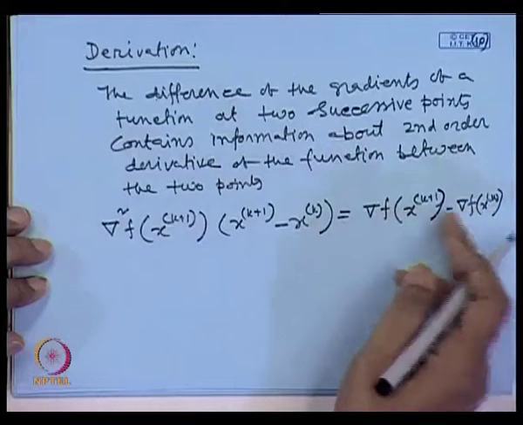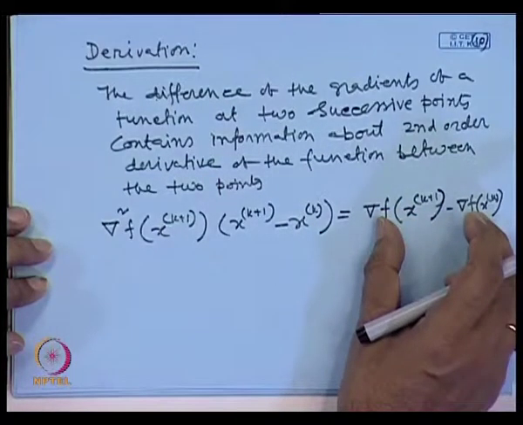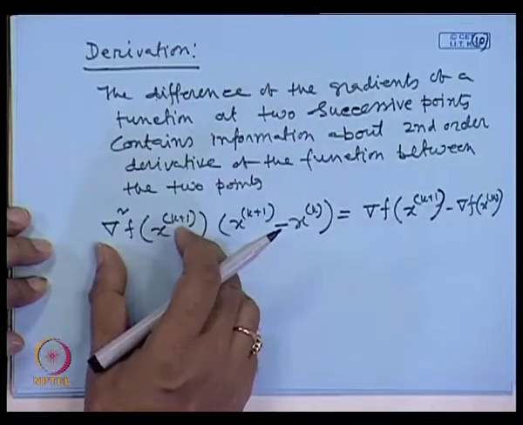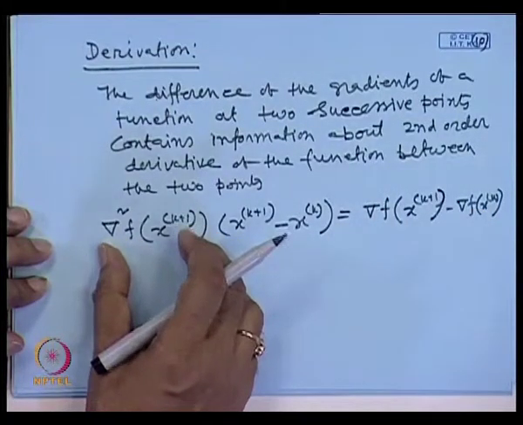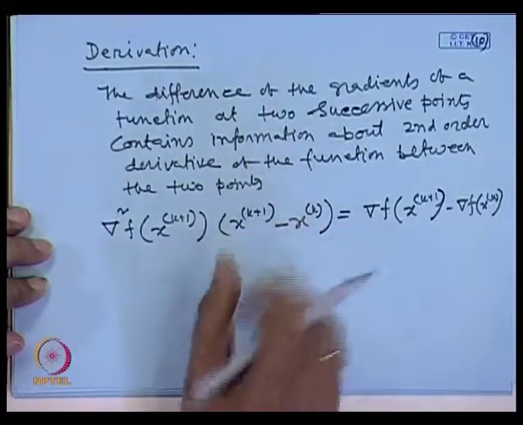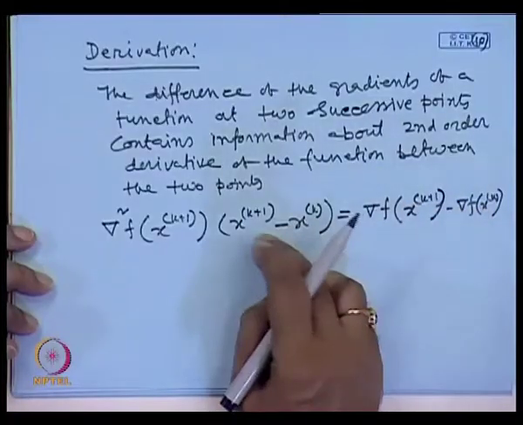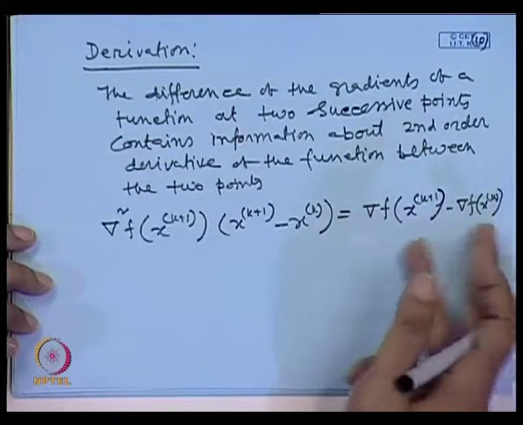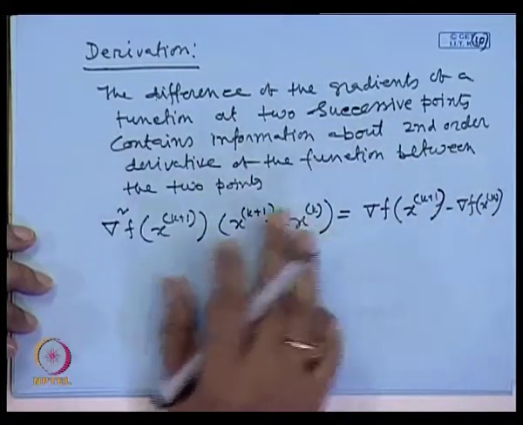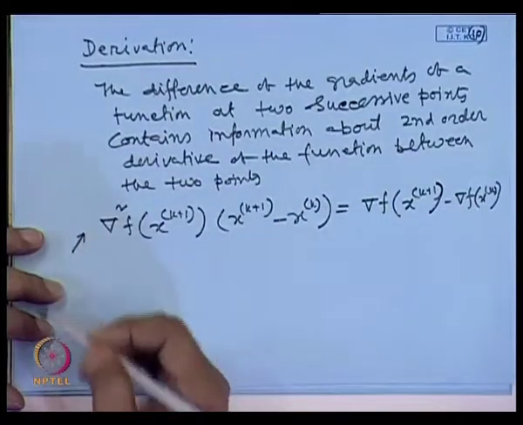In the multivariable case, this difference in gradient is the Hessian matrix multiplied by that vector. In a single variable case, you can easily understand that the difference in derivative is divided by the difference in x, because x is a scalar, but in the multivariable case I cannot divide. So, this is the basic step.